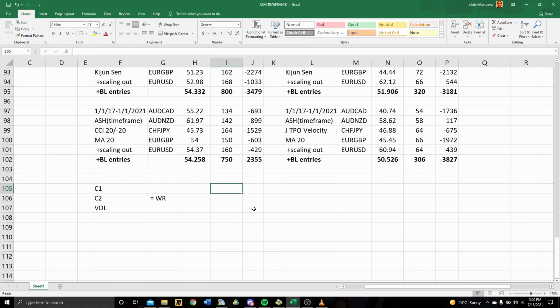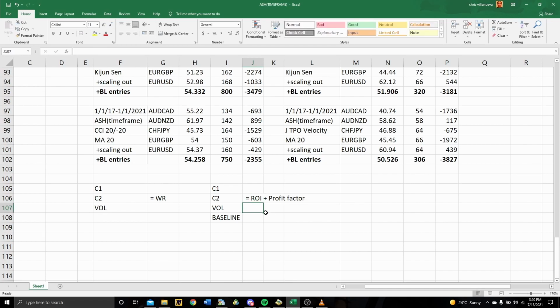And the exit system is the baseline and the exit indicator. So I'm just going to go C1, C2, volume, and baseline. And when we test for these, we're going to look at firstly ROI, but also profit factor. And I'll get into what those mean later.